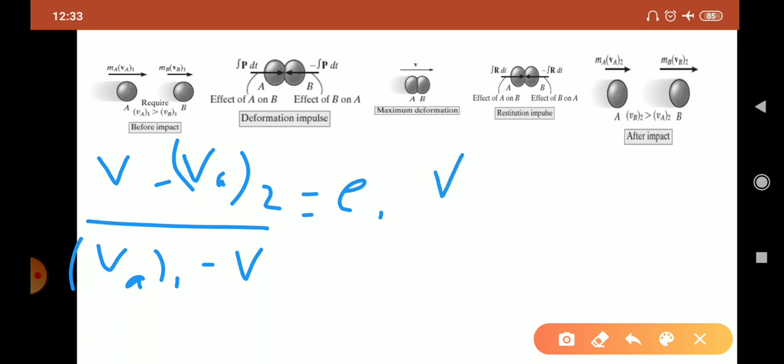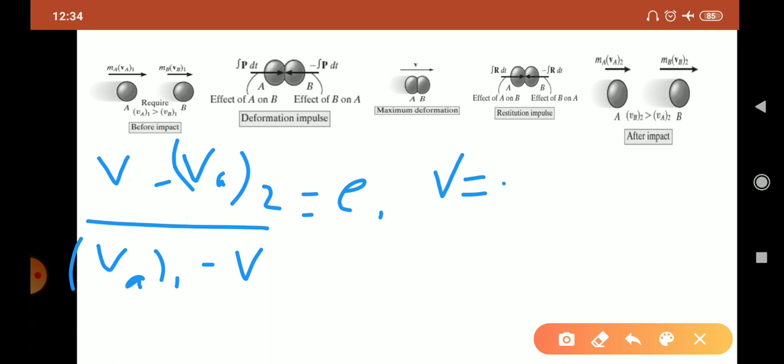So what we need to do now is find the value of V from equation number 3 as well as the value of V from equation number 6. We will equate those equations, because both are equal to V. When we equate, finally we will get the value of E. So how will we get the value of V from here?